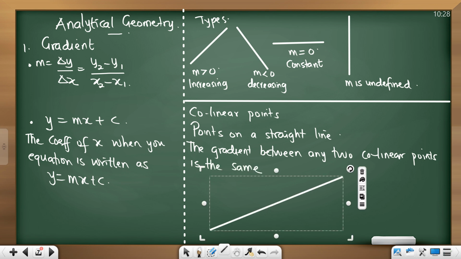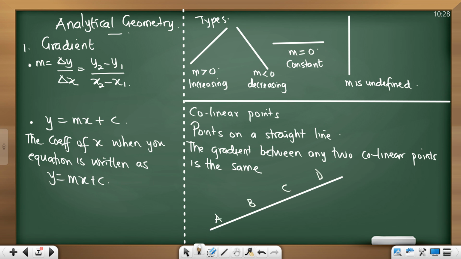So if I have a line like that, and I call this A, B, C, the gradient of AB is the same as CD, is the same as AD, is the same as BD.